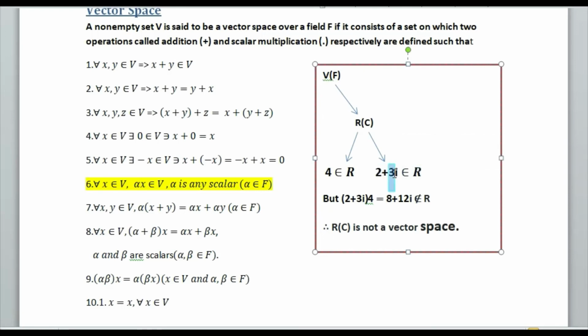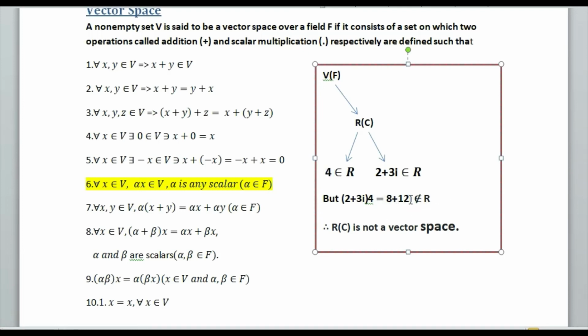We took 2 plus 3i. This is alpha. Let us take any real number, let it be 4. This is x. So multiply alpha x: 2 plus 3i into 4 is equal to 8 plus 12i.